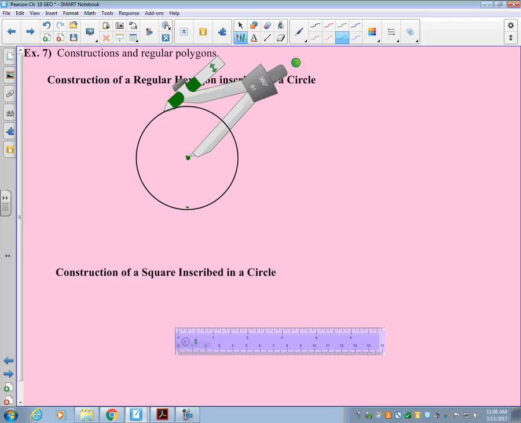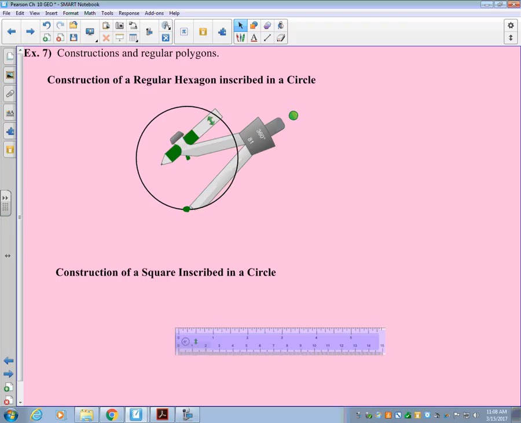Put a dot at the bottom of your circle. By the way, it doesn't have to be the bottom. We're just all going to start from the bottom because it makes it easier to explain things when we're all starting the same way. Do not change the dimension of your compass.